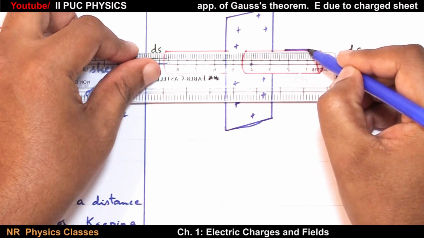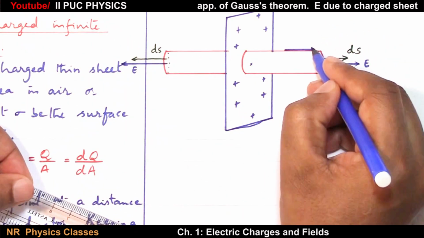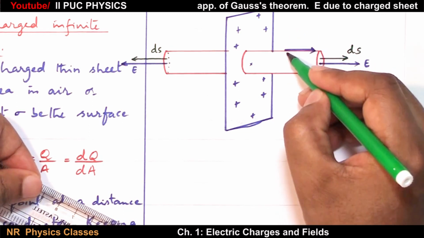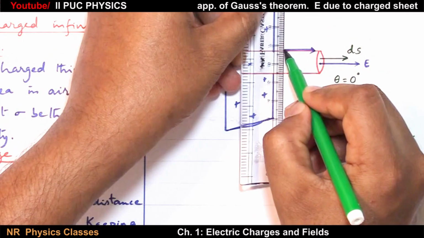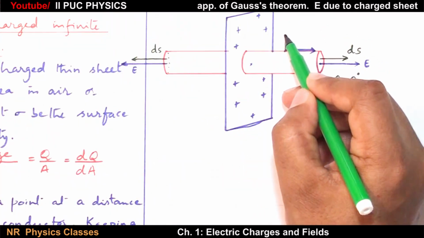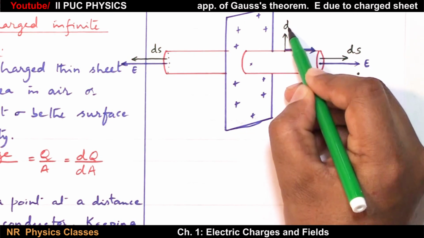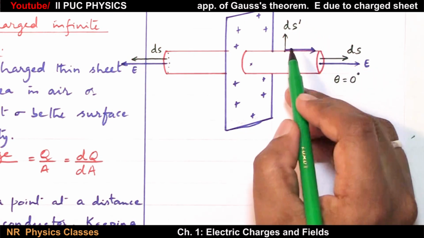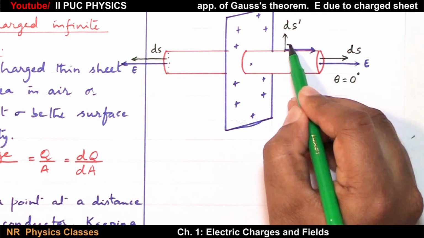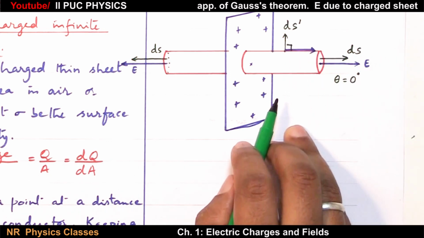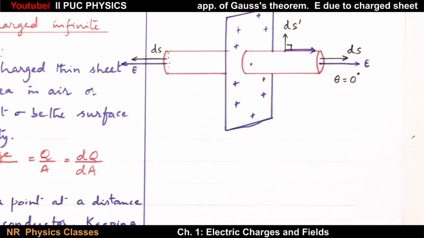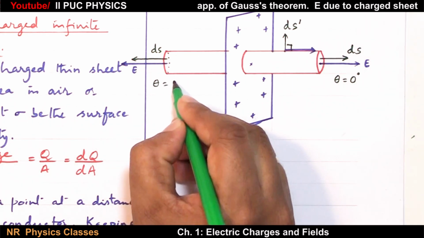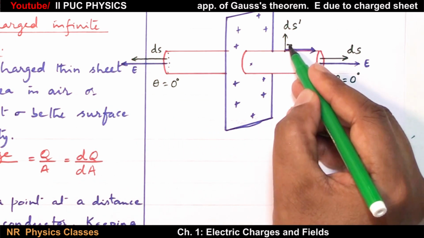Let me draw electric field here. And area vector for the curved surface drawn at this point. So this is the area vector ds dash. Angle between area vector and electric field is 90. So we covered all the three faces, two circular and one curved face. Here also theta 0 degree. For the curved surface, theta is 90.